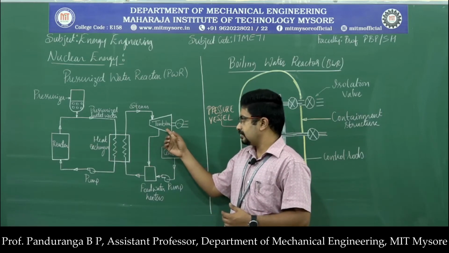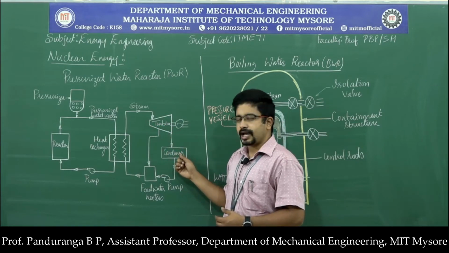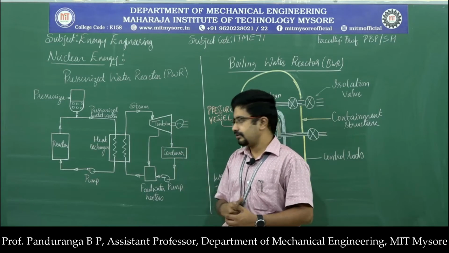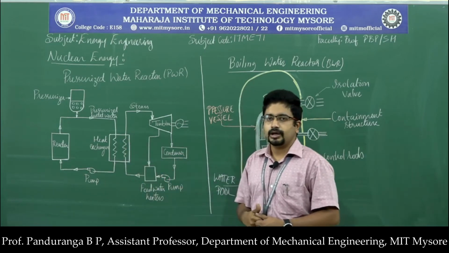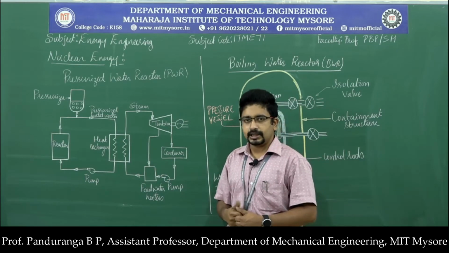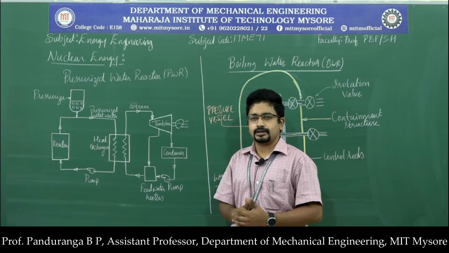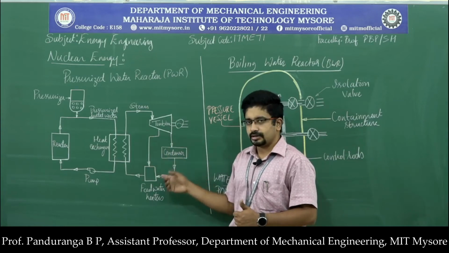Once the steam passes through the turbine, it is condensed back into liquid water. This condensation is required because to pressurize the water again, if it is in vapor state, it requires an enormous amount of energy. Condensing it back into liquid reduces the amount of energy required to pressurize the water in the secondary circuit.